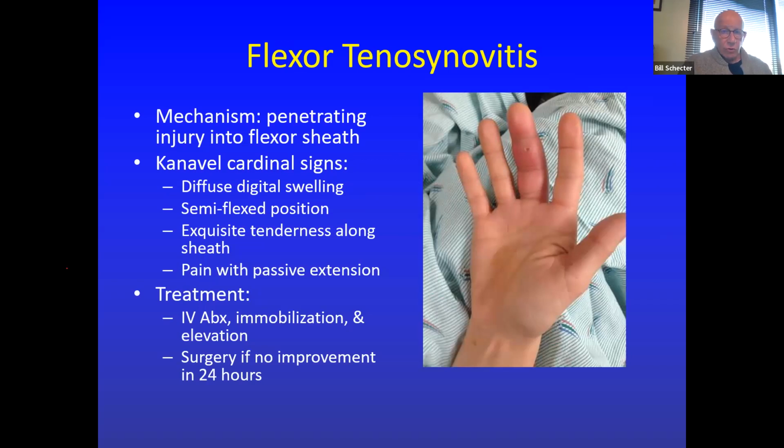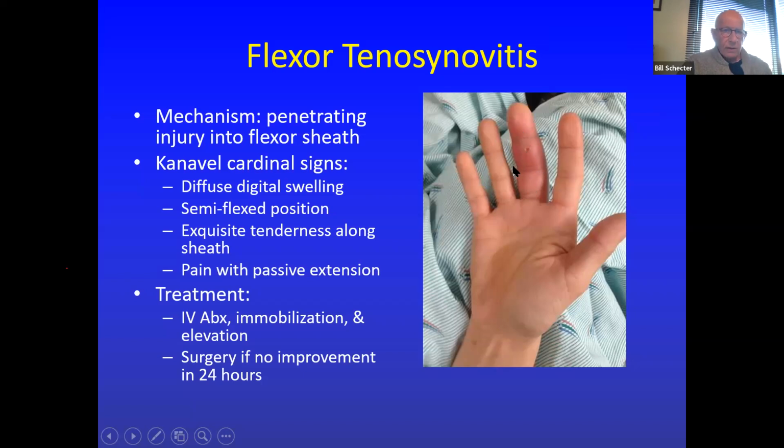Now we're getting to some more problematic infections. And this one is suppurative flexor tenosynovitis. Now remember, last week, or maybe it was 2 weeks ago, we talked about the fibro-osseous tunnel through which the flexor digitorum sublimis and profundus travel, gliding through this tunnel to flex the PIP joint with the sublimis, remember, and the DIP joint with the profundus.